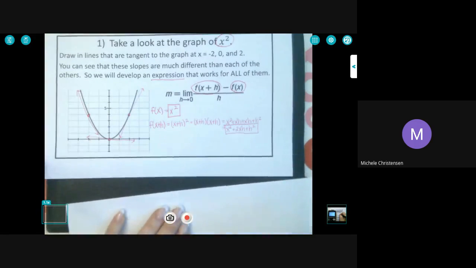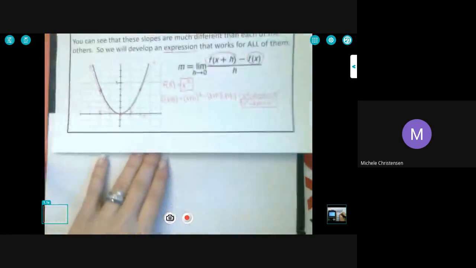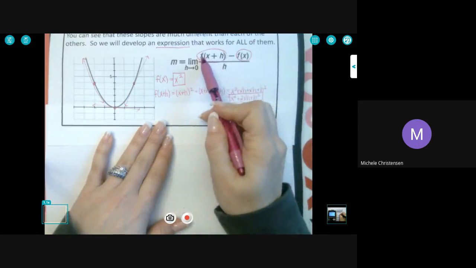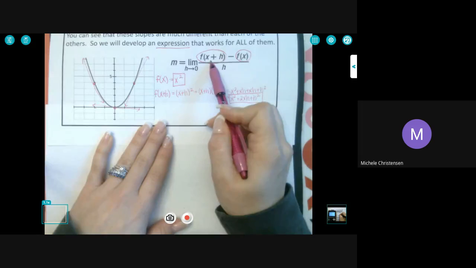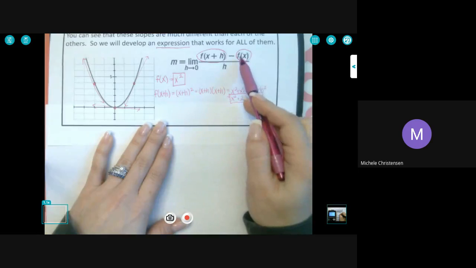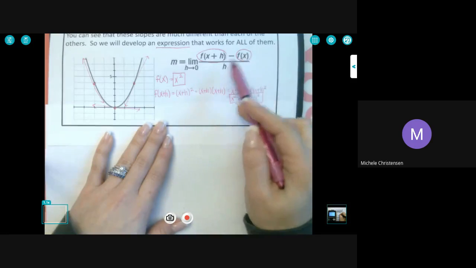Just extending my paper here. We're going to replace f of x plus h with x squared plus 2xh plus h squared, because that's what it equals. And we're going to subtract, replacing f of x with x squared.